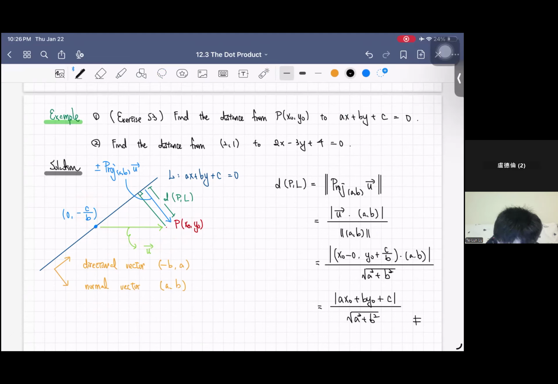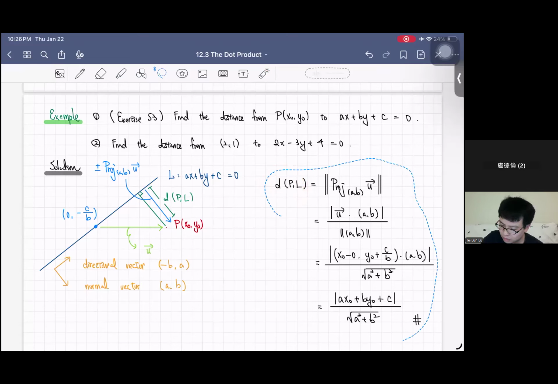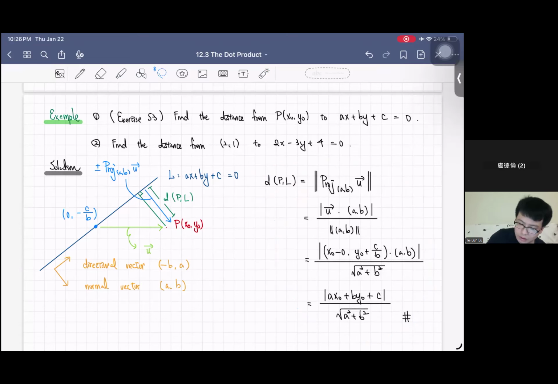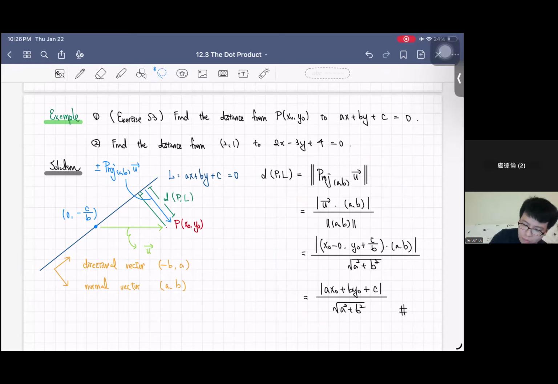So surprisingly, the distance is very easy to calculate. If you have a point P and a line L, then to compute the distance, basically plug x naught and y naught into that equation and divide by the square root of A squared plus B squared.